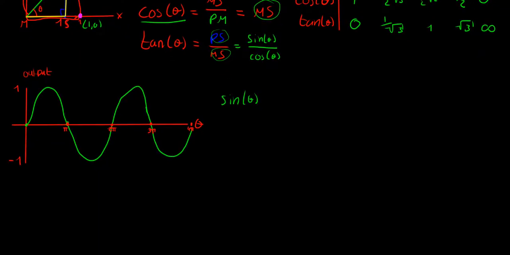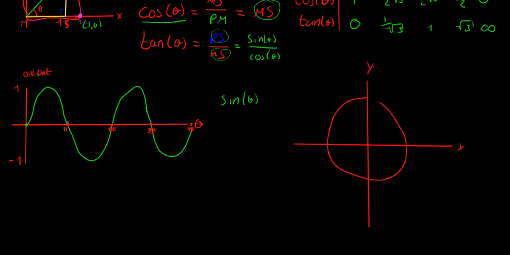Even better to visualize this if we draw the whole circle on the axis. So we have an x-axis and y-axis, and let's see if we can draw a circle here. It's more of an egg right now. Close enough. If we look at these values, we know that this is 0, an angle of 0.